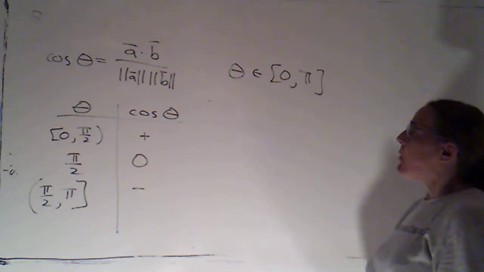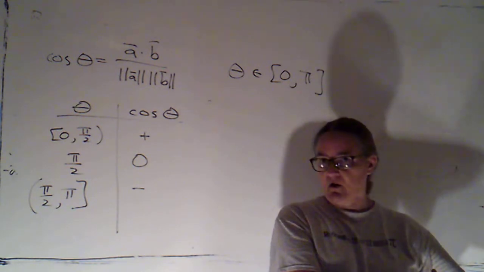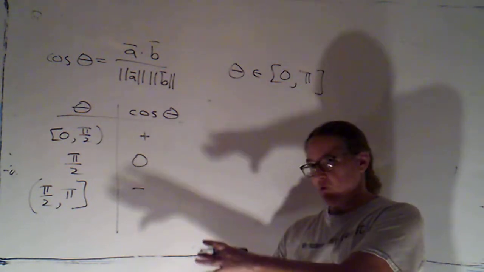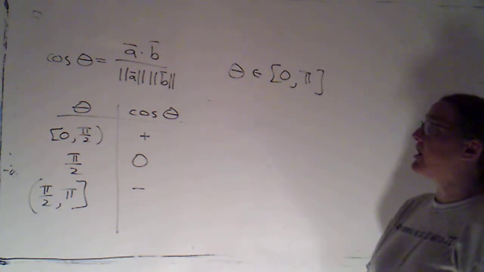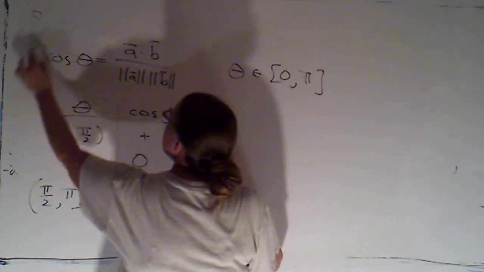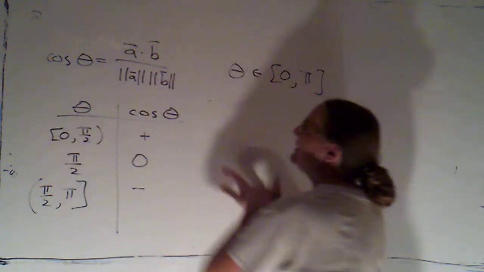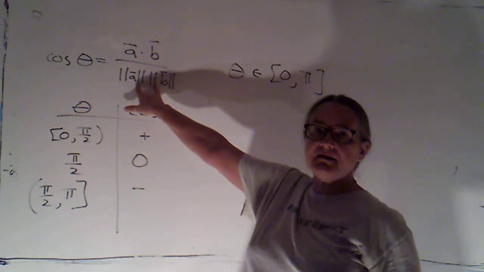Okay. So I can pretty much tell whether I'm working with an acute angle or 0, or an obtuse angle or pi over 2, by looking at the sign of cosine of theta. But if I take a look at it, cosine of theta is defined by this. The denominator is always going to be positive.